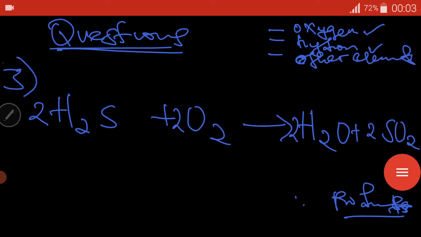if I put a 2 here, I'll find out that the oxygen will be affected. Quite right, sulfur is balanced, but the oxygen is affected. What do I do? So the oxygen, I have 4 plus 2, which is 6 oxygen for the products. So how do I balance here? Here I've got 4.